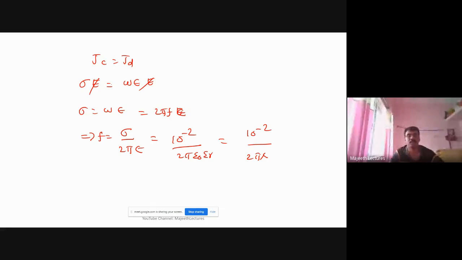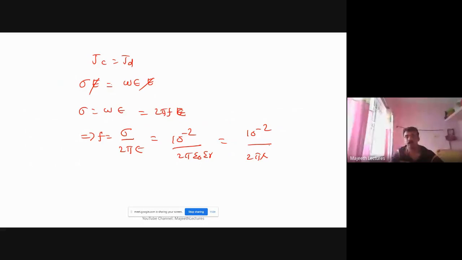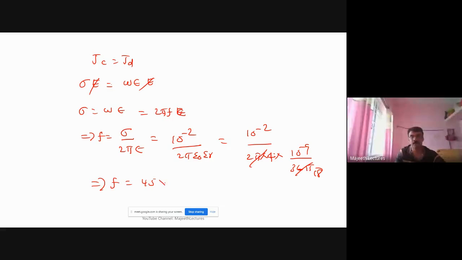You see, it is a material, not free space, so epsilon r is 4. Epsilon naught is 8.85 into 10 power minus 12, or 10 power minus 9 divided by 36 pi. This implies f is equal to 45 into 10 power 6, that is 45 megahertz.